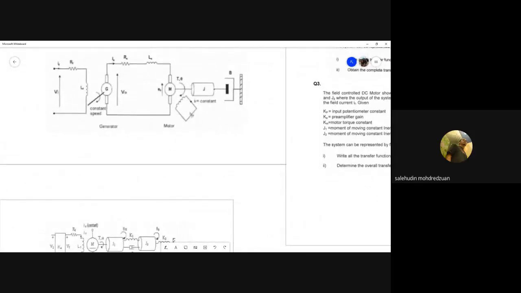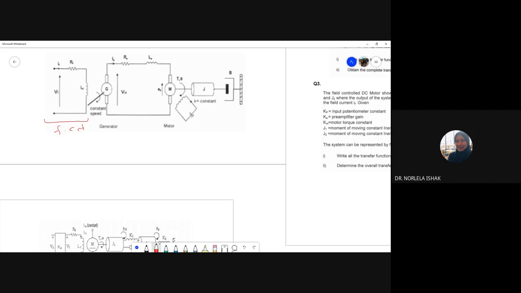Constant speed, what is that? Physical. Field circuit. Oh, the circuit at the field. Right? The first one is the field circuit. After the field circuit, what type of system is this? Field circuit control DC generator. Right? The first one.